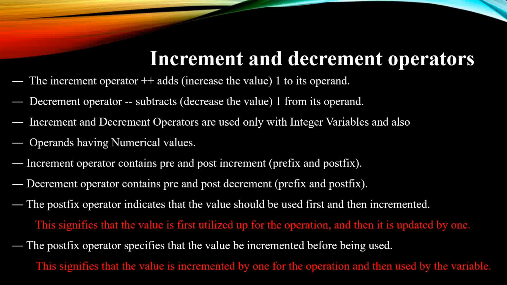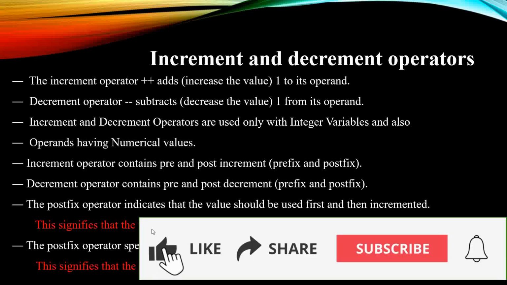Make it 3. There are pre and post decrement; we will see that later. So the decrement operator is minus minus: subtract or decrease the value by 1 from its operand. So previously we have a value, and from that value we subtract 1, or decrease it by 1.